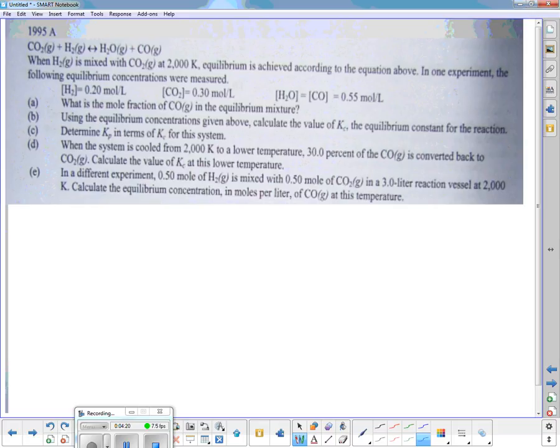What is the mole fraction of CO? So all we have to do here to get mole fraction is find out how much total we have. So we have 0.2 plus 0.3 plus 2 times 0.55, right? No, because there's water and carbon dioxide that both are that molarity.